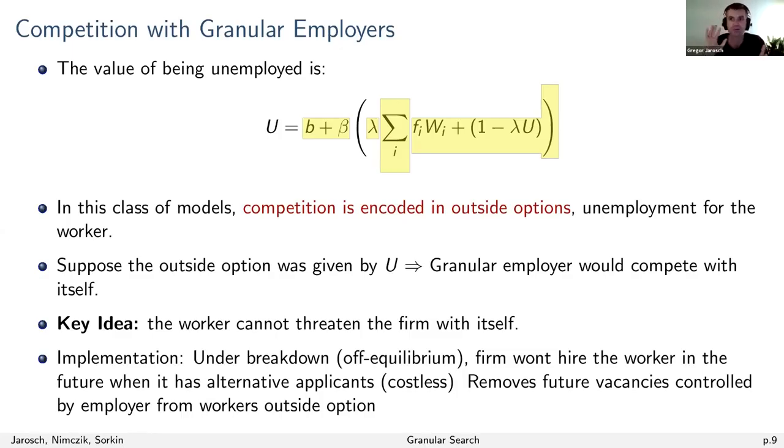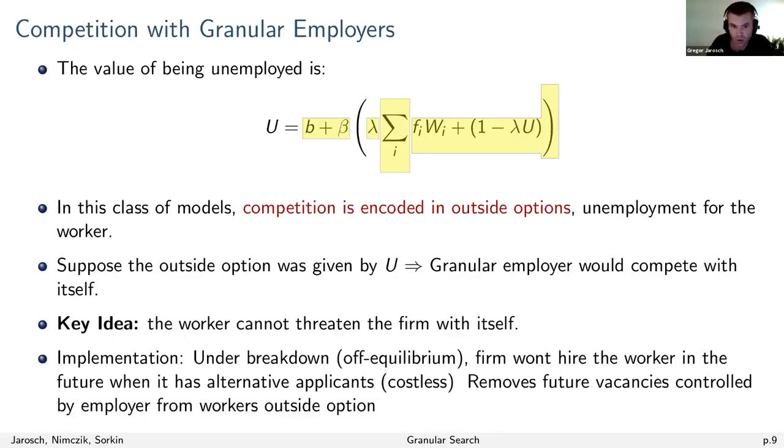There are a couple of refinements to that statement, but that's the basic notion. And then you can see how that removes the firm's future vacancies from the threat point, because that door is going to remain closed in the future.